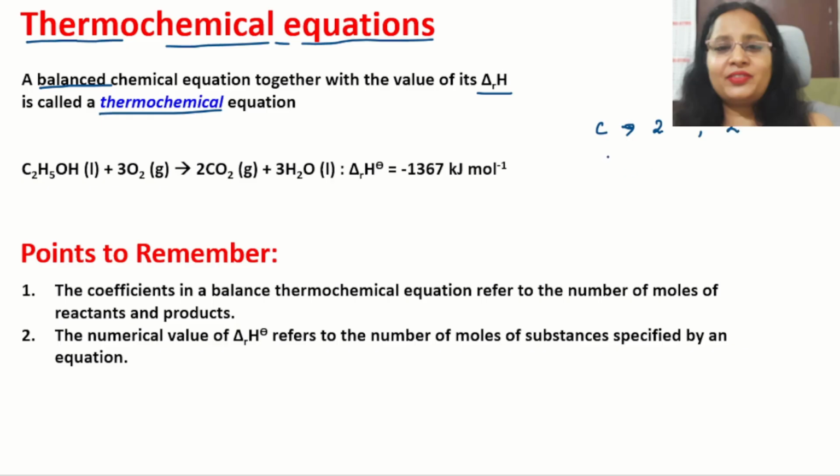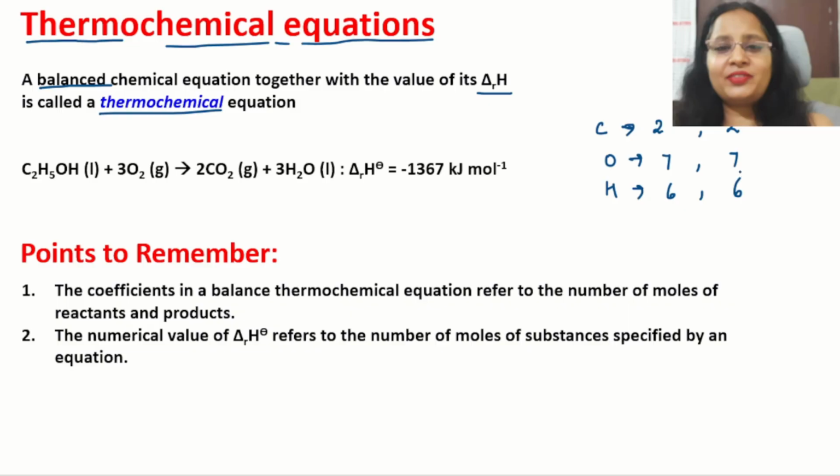Next, oxygen: on the reactant side it is 3 twos are 6 plus 1, 7, and in the product side it is 7 again. Now hydrogen: on the reactant side it is 5 plus 1, 6, and in the product side it is 3 twos are 6. So we can see the reaction is balanced.